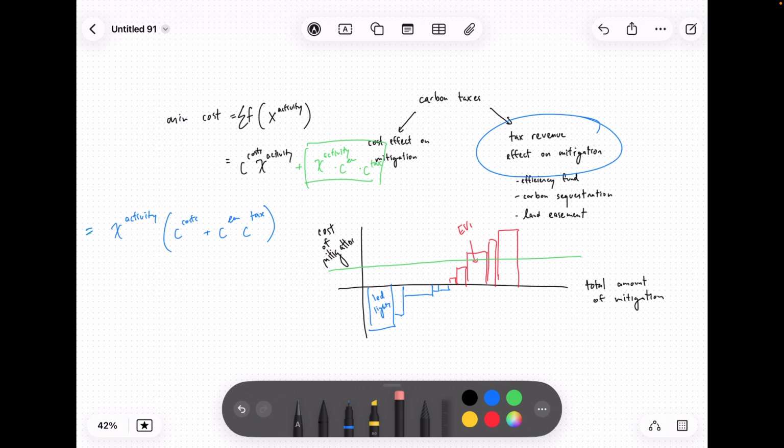So that would all mainly play out on the left-hand side, the cost effect on mitigation. What we implemented here is just a small example of how you would do it in this optimization setting, but in the context of a larger equilibrium model, you could represent that certainly.